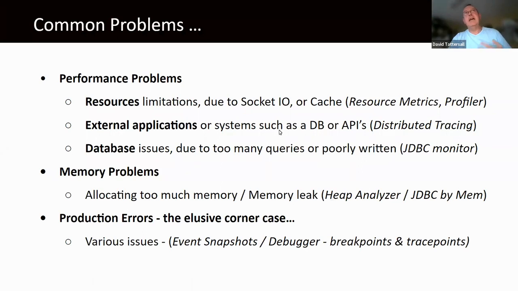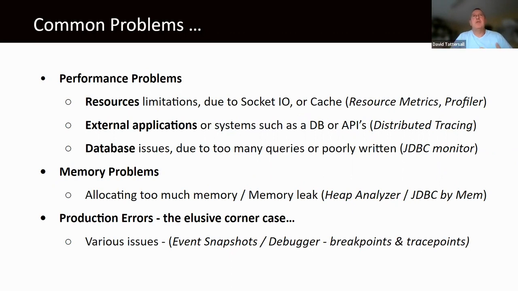Okay, so without further ado, I've got a few things I was going to go through. We're going to take a look at how we can identify some performance and stability issues, common sorts of problems you might be faced with.